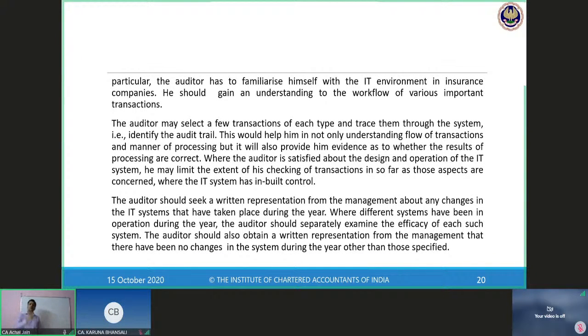You remember computer assisted auditing techniques, audit of an entity which is working in an IT environment. So all of those procedures, all of those requirements on the part of the auditor will have to be considered now. Okay.